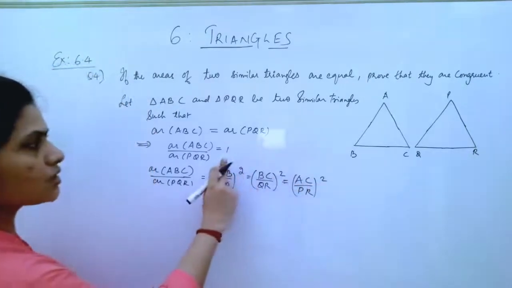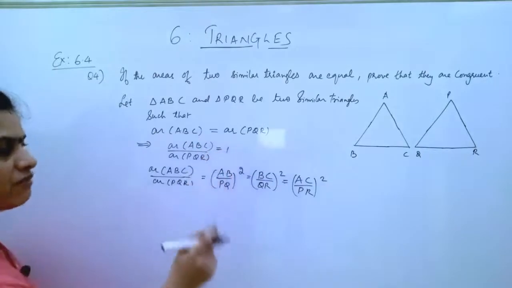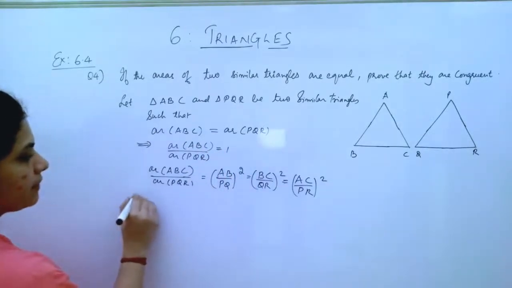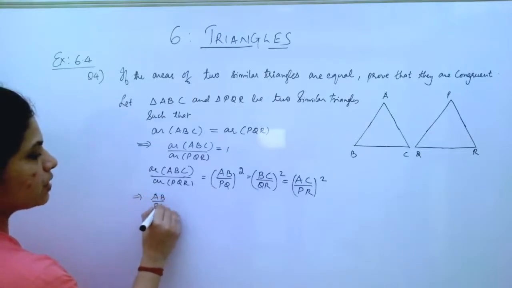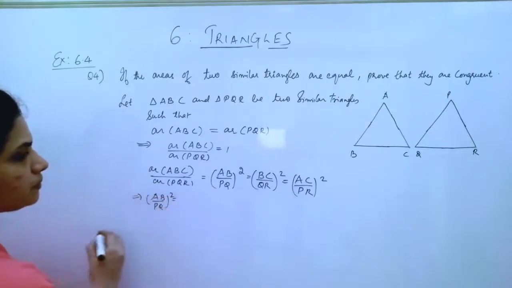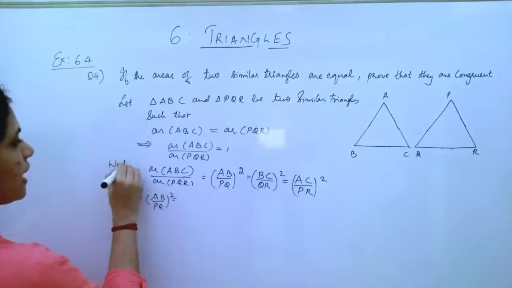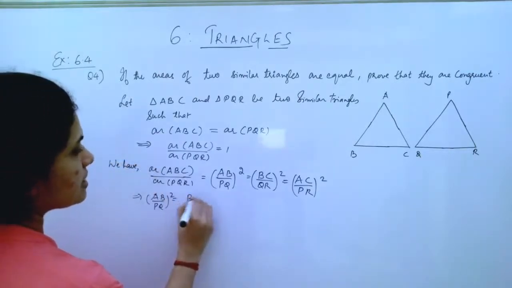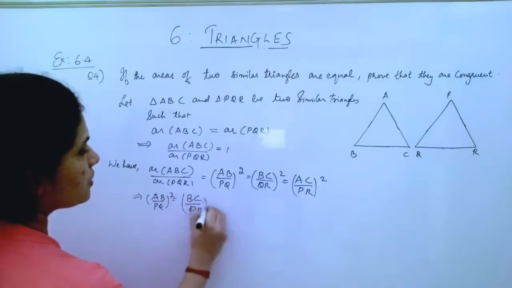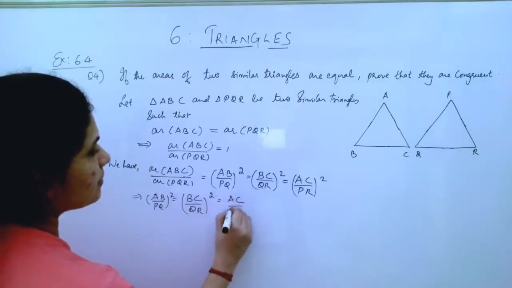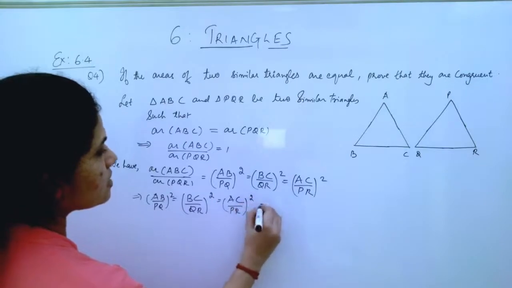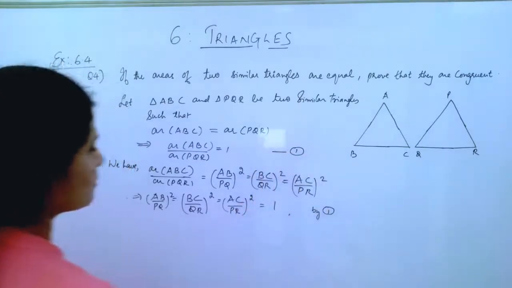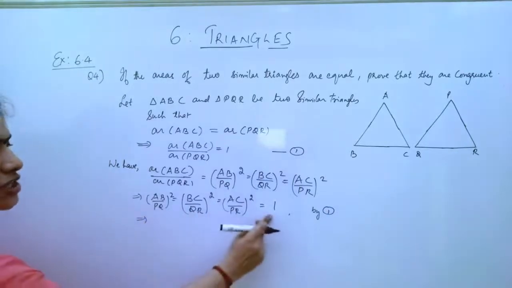And since we have already got this fraction to be 1, we can say that these all are equal to 1. That is AB by PQ the whole square equal to BC by QR the whole square is equal to AC by PR the whole square is equal to 1. If this is equation number 1, by 1 you are getting this concept. Okay, that means each fraction is equal to 1.